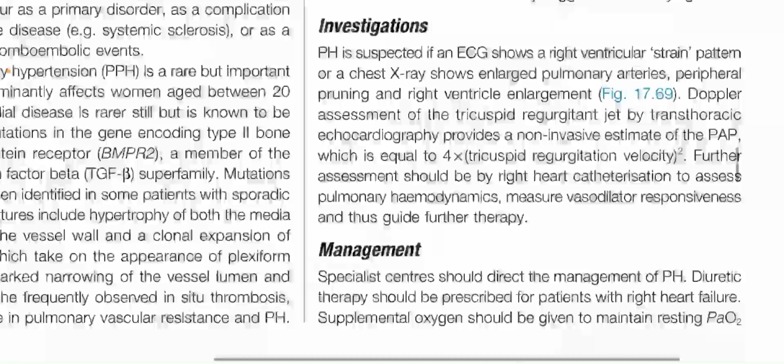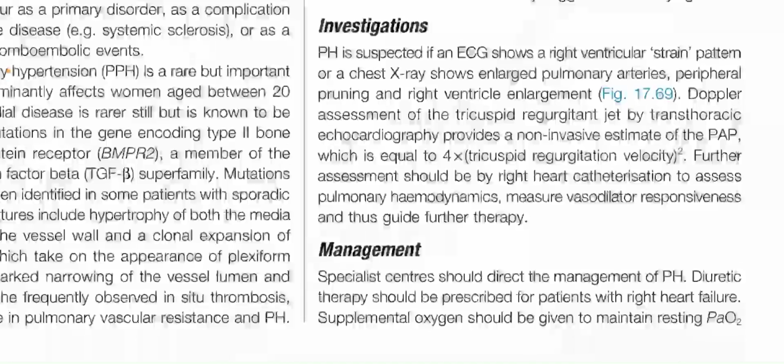Now, the investigations. Pulmonary hypertension is suspected if an ECG shows a right ventricular strain pattern or a chest X-ray shows enlarged pulmonary arteries, peripheral pruning, and right ventricular enlargement.